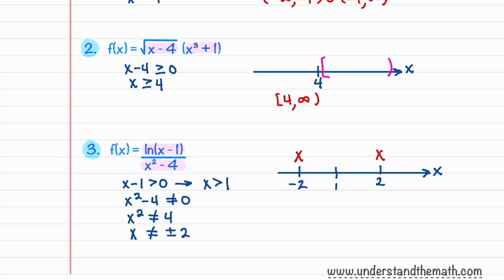So we're going to put an open bracket here. It can't equal 2, so we're going to put open brackets around 2 and then a bracket here at infinity. So our answer is that our function is continuous on the interval from 1 to 2, union 2 to infinity.